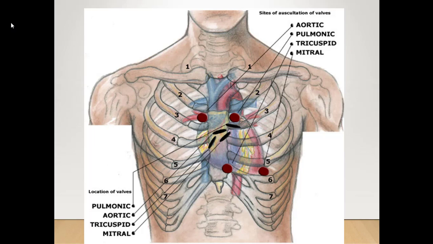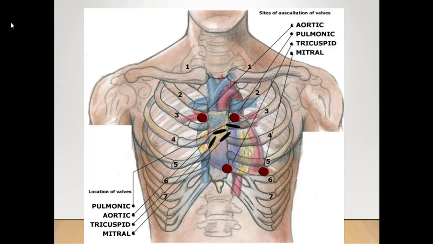If you go over to the left in the same spot between the second and third intercostal space, you're going to hear the pulmonic valve. If you move down to just about the bottom of the sternum, between the 5th and 6th, you're going to hear the tricuspid valve. And then if you move over a little bit further, you're going to hear the mitral valve.